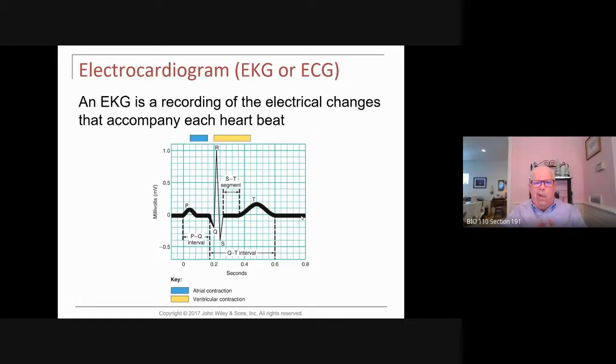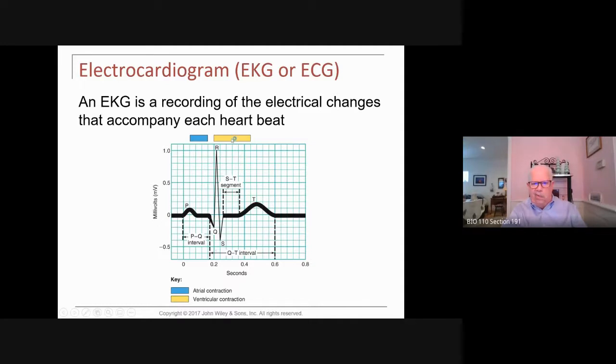Okay? We will talk much more about ECGs or EKGs next week, but it is a recording of the electrical changes that accompany every heartbeat. This is one heartbeat. The blue is atrial contraction.